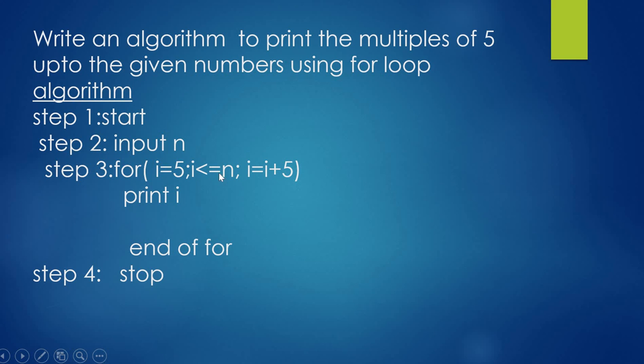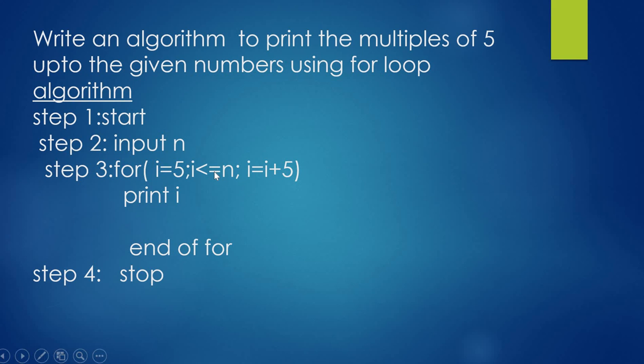After this condition, it is executing the statement. So see, like this it is coming. After executing the statement only, it is incrementing the value of I. That is 5 less than or equal to 20, so it is printing 5. Then it is incrementing the value by 5. That is I is equal to 10.